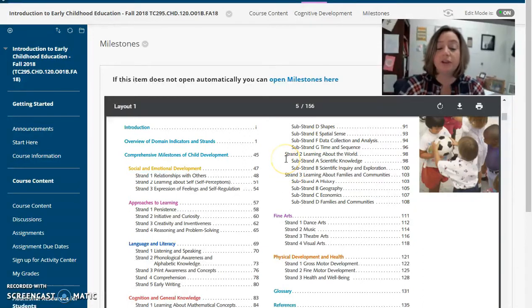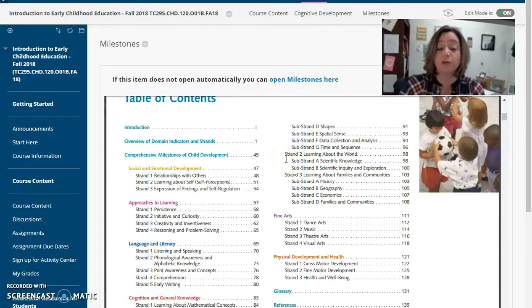Then when you look at strand 2, learning about the world, you have substrand A and B. This is really where we're looking at the science: scientific knowledge, scientific inquiry, and exploration. And then strand 3 is the social studies, learning about families and communities. So we have history, geography, economics, and families and communities.